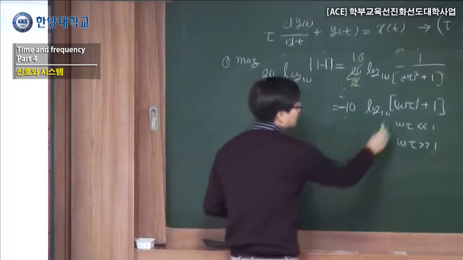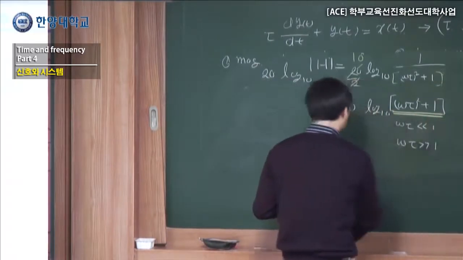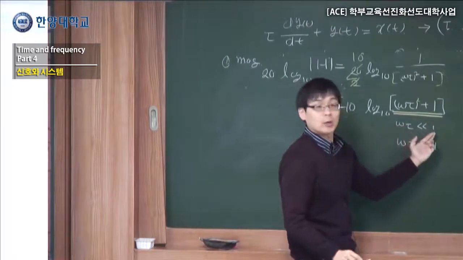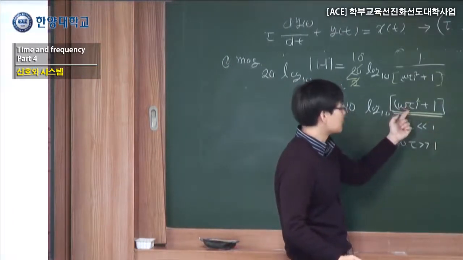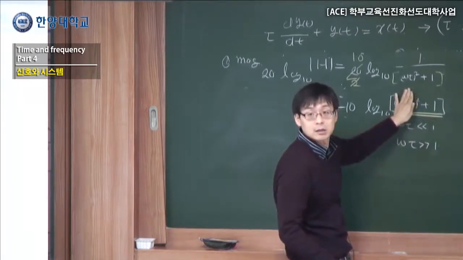In this case, if you see this part, if omega tau is much smaller than 1, then this value is much smaller than 1, so we can ignore this part.